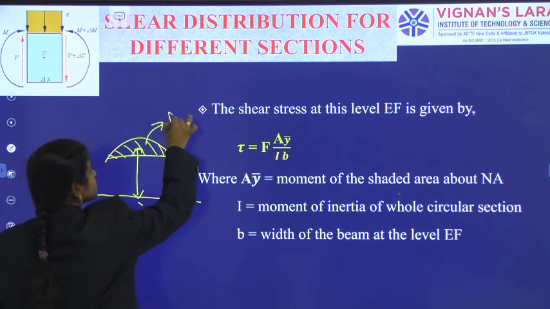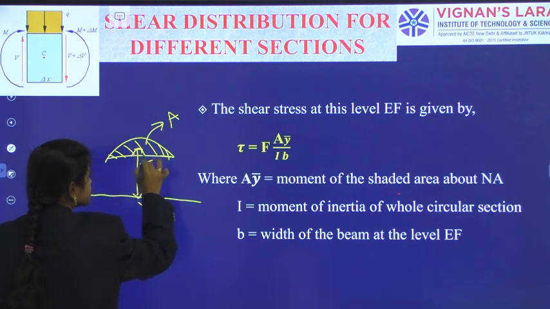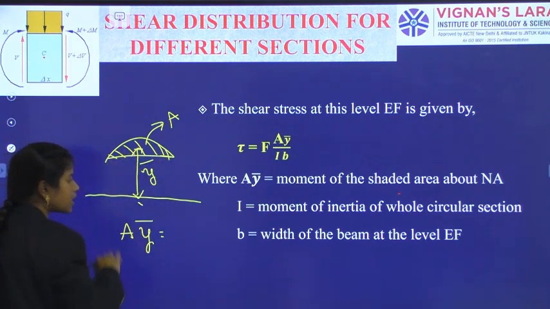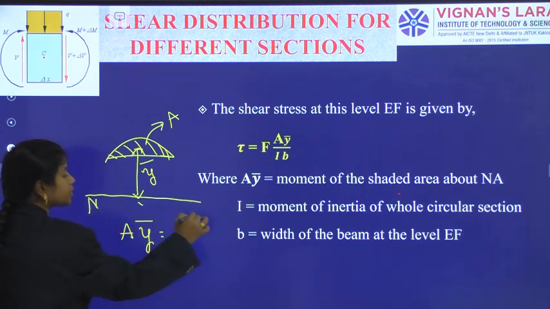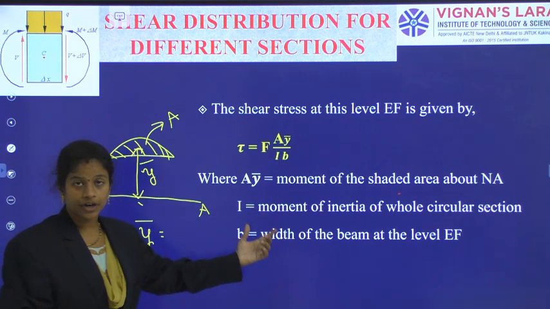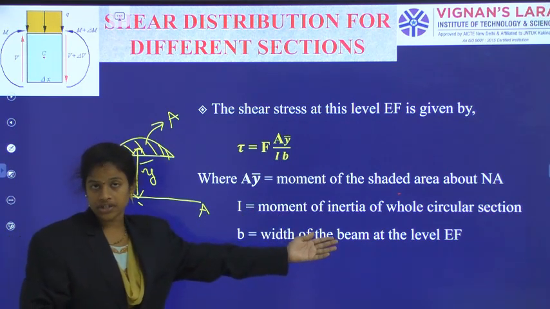If it is area A and the distance is y bar, then A into y bar is the area moment about the neutral axis of the section. In this way we will calculate A into y bar, and I is the overall moment of inertia of the section.